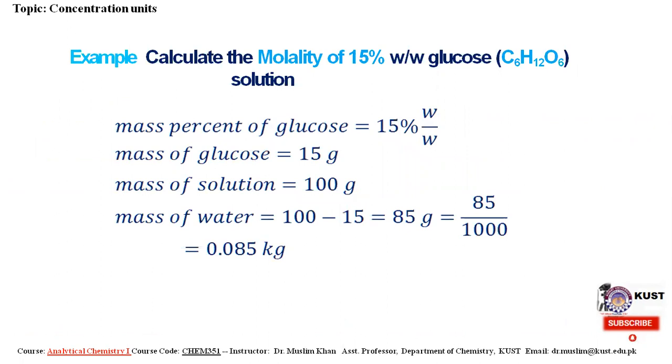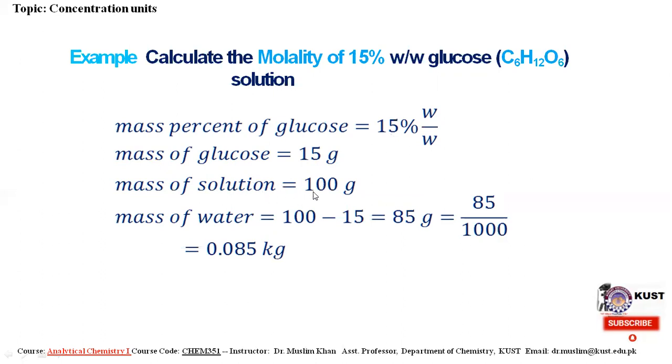Calculate the molality of a 15% weight by weight glucose solution. First of all, mass percent of glucose: 15% weight by weight means 15 gram is the mass of glucose in 100 gram of solution.